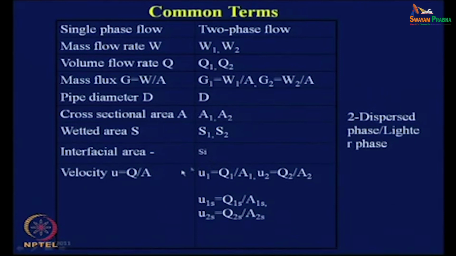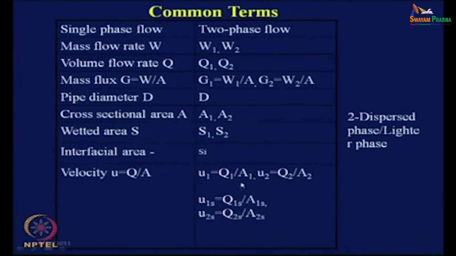Interestingly, the velocity was an input parameter there, and we defined velocity as the volume flow rate divided by the cross sectional area, or the mass flow rate W by rho A. But in this particular case, even for a two phase flow situation, that means when we have just introduced one additional phase in the flow passage, we are in a position to define 4 different velocities, which I have already discussed in the last class.